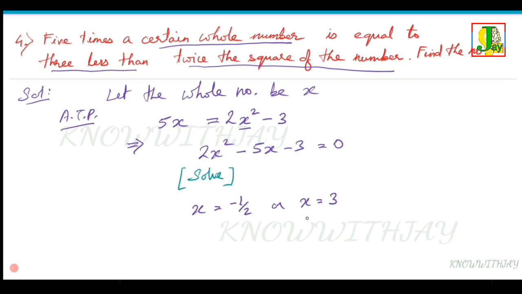Now the condition says it's a certain whole number, so minus half is not a whole number, so our answer is 3. So this is the whole number we are looking for. Okay, so the required number, or whole number, is 3.